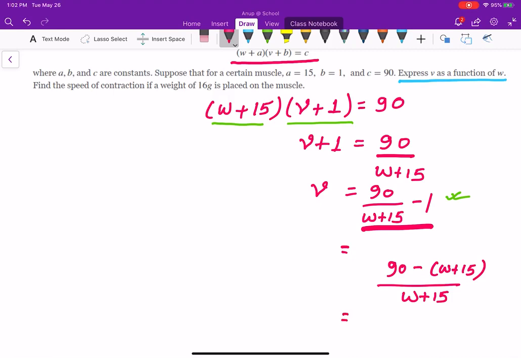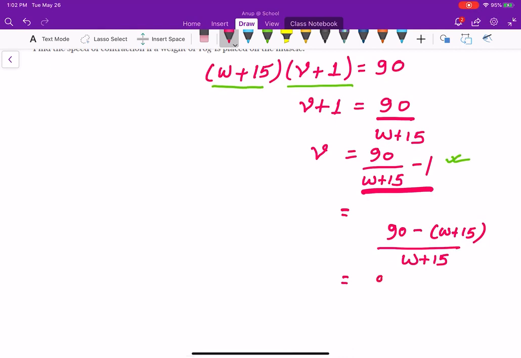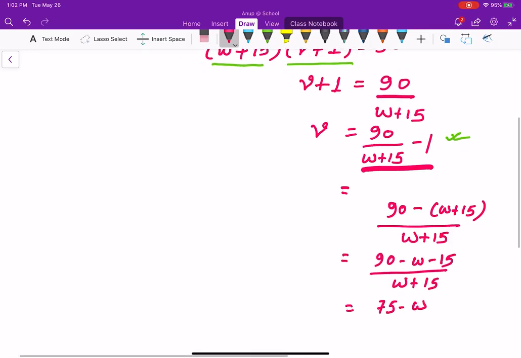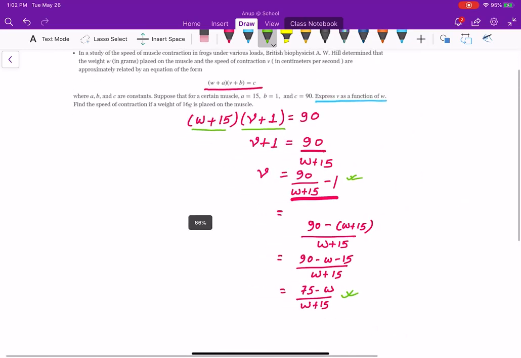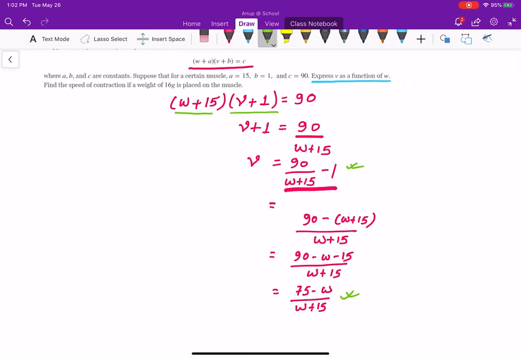So now let's distribute the negative sign. Then we get (90 - W - 15)/(W + 15). So we get (75 - W)/(W + 15). So this is another alternative where we have also expressed V in terms of W. So we are done with this first problem where we needed to express V as a function of W.